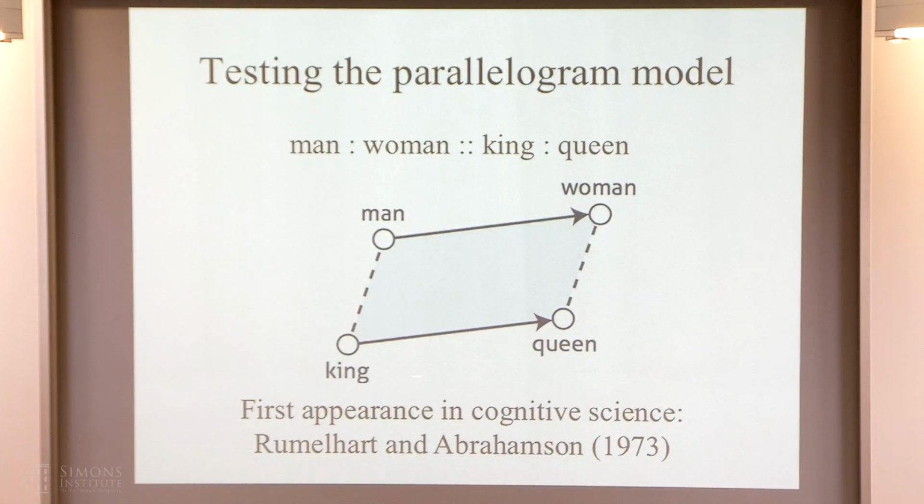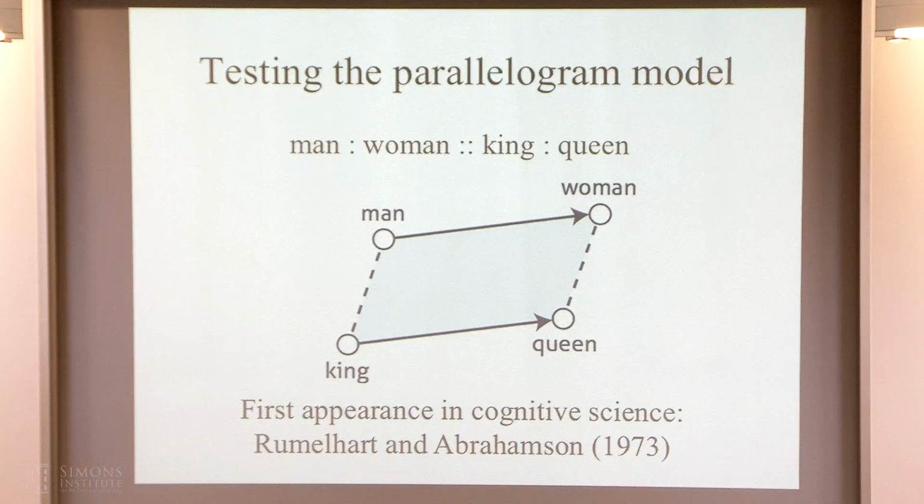You just have each word, or each concept, represented as a point in a space. In this paper, they did this for animals. They took human judgments of the similarity between animals, did multidimensional scaling to construct a multidimensional scaling representation, and then presented analogies like, horse is to elephant as, I don't know what the analogies were, but yeah.